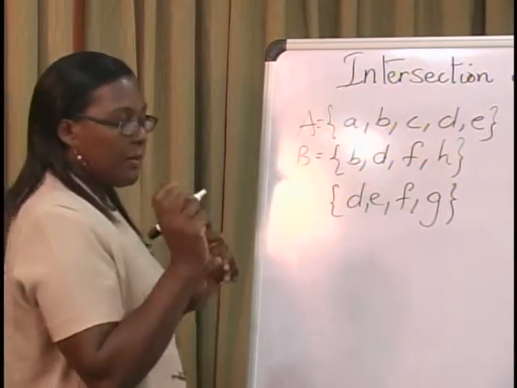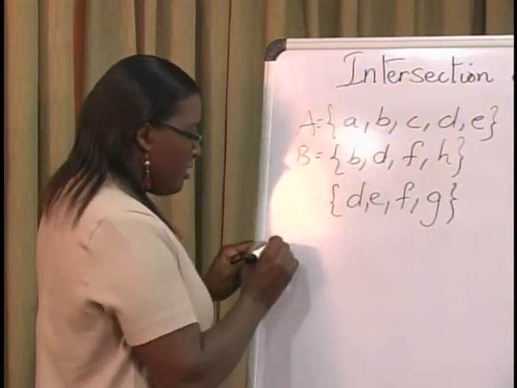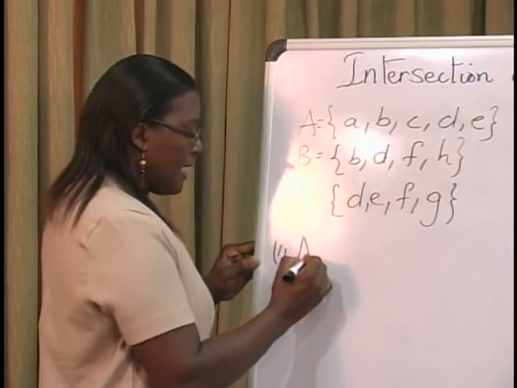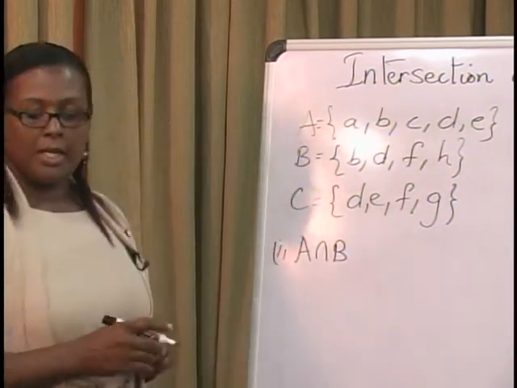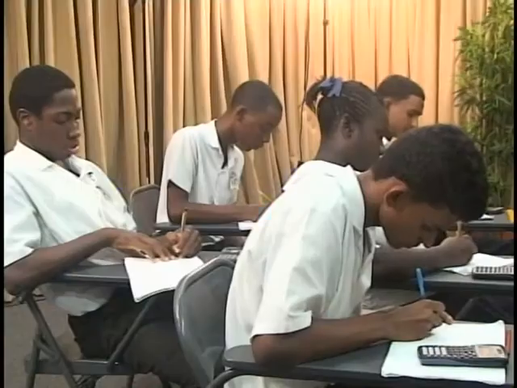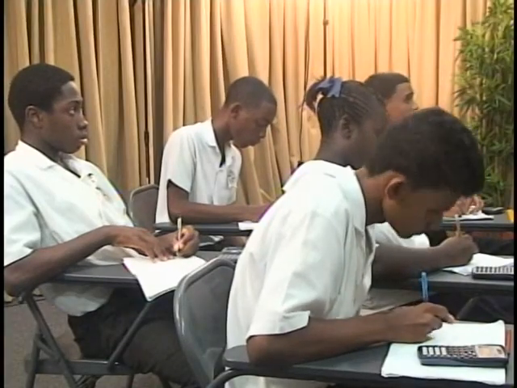So I'm going to put the sets on the board. The first one, I want A intersect B. Go ahead quickly.